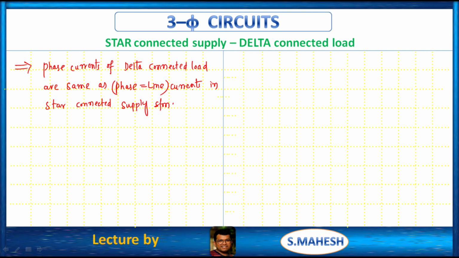Phase currents of delta connected load are the same as the line currents in a star connected supply system.